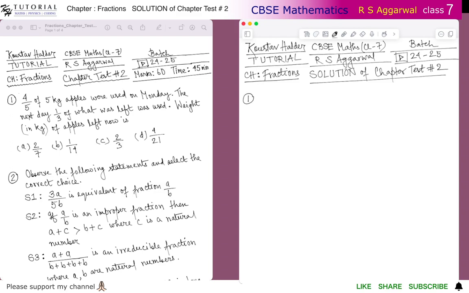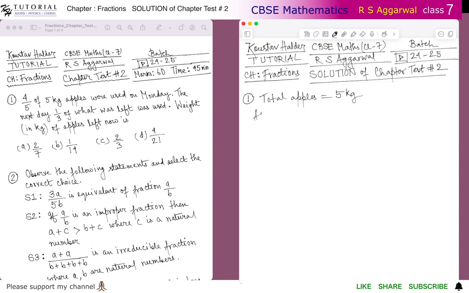The first problem says that 4/5 of 5 kg apples were used on Monday. The next day, 1/3 of what was left was used. Weight in kg of apples left now is, okay, so the total number of apples is given 5 kg. 4/5 of 5 kg apples were used on Monday.